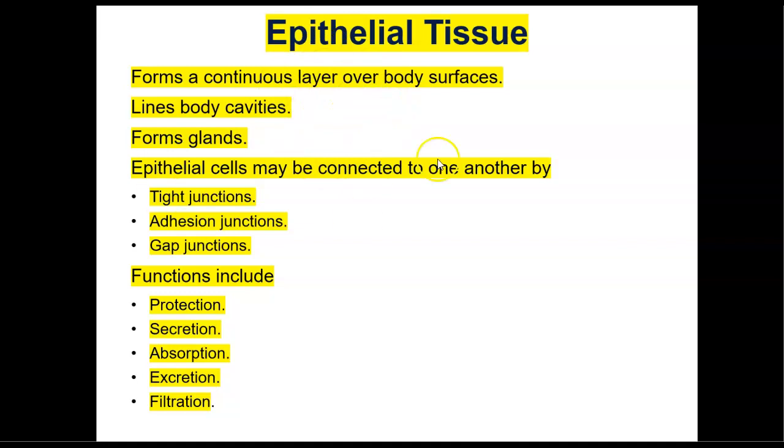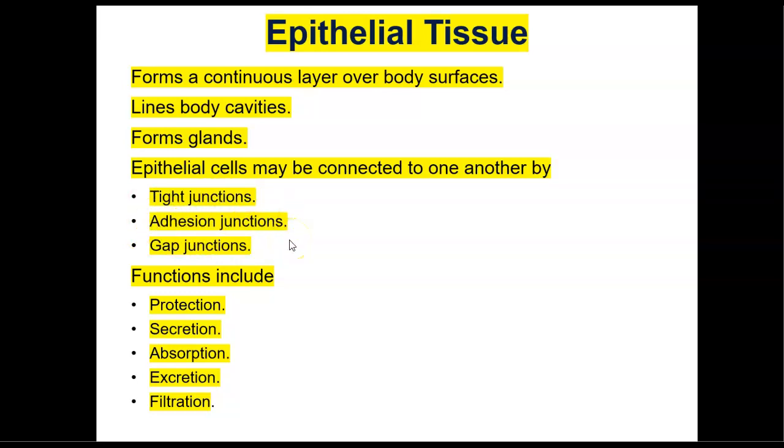Epithelial tissue also forms glands. So if it's a gland, then it was formed from epithelial tissue. Epithelial cells have connections, and the connections can be tight junctions, which form a tight seal that won't allow materials to pass through.